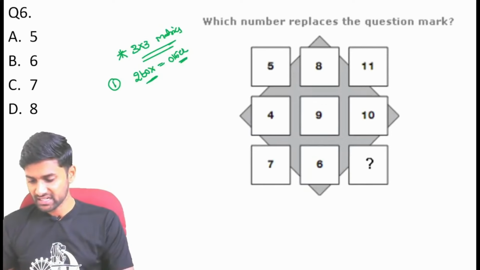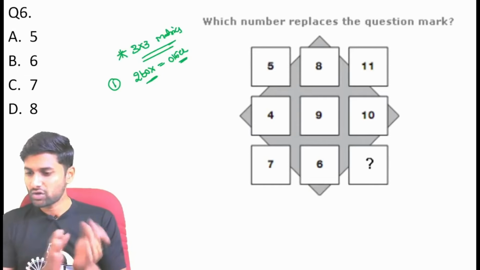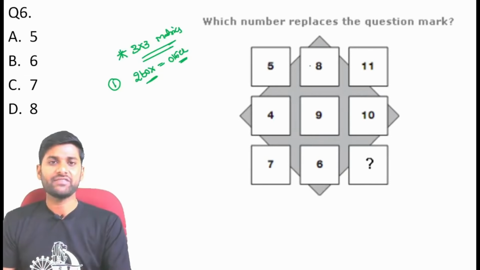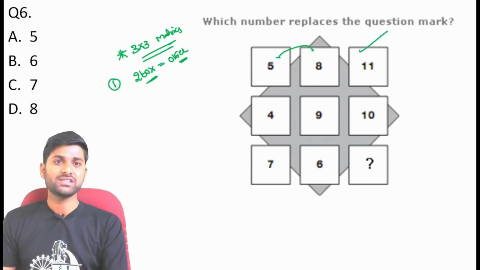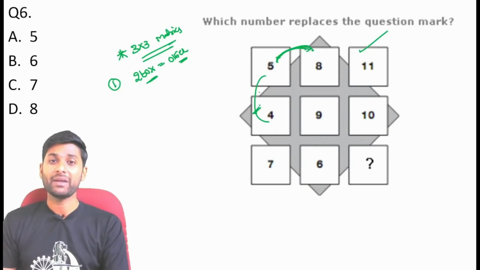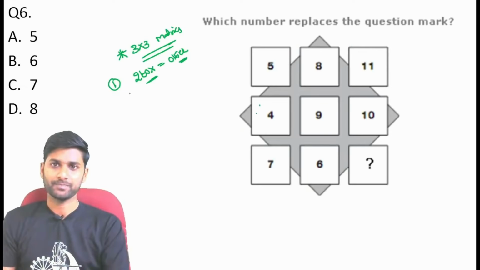For example, the sum of these two boxes is equal to this one, or the sum of these boxes is equal to this one. Or you can go with a difference, a multiplication, or a division. Any operation can be performed on any two boxes, not only the first two boxes. You perform it on any two boxes, and that resultant is exactly equal to the other box.